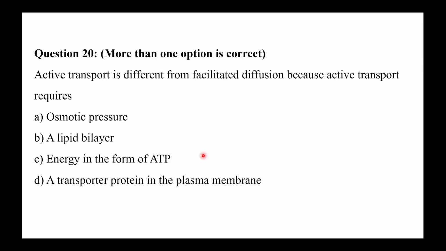Active transport is different from facilitated diffusion because active transport requires, and more than one option is correct in this question. The options are: option A, osmotic pressure; option B, lipid bilayer; option C, energy in the form of ATP; and option D, a transporter protein in the plasma membrane.